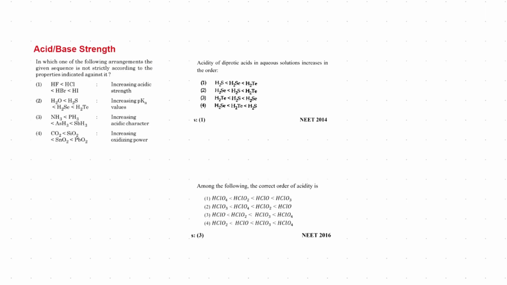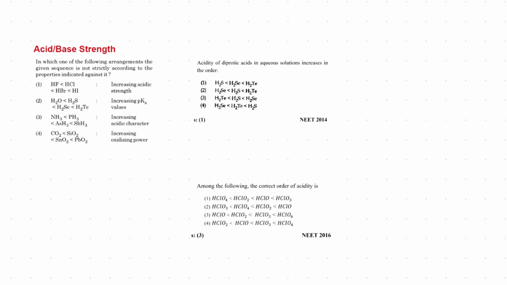The common question model, repeated model under this heading, acid-base strength: you will be given a set of acids or bases. You have to arrange them in the order of increasing or decreasing acidic character or basic character based on the strength.